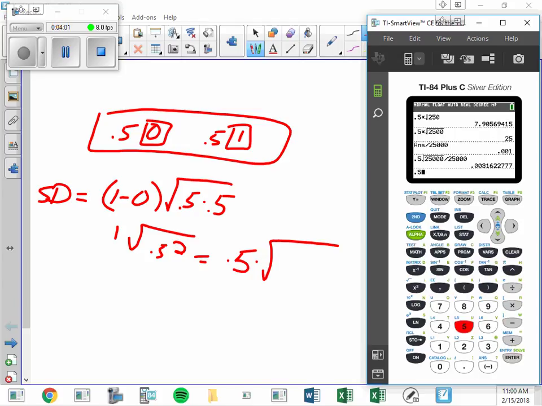Okay, and then 0.5 times the square root of 100,000, and then, oh, I'm missing that, divided by 100,000, so that's 0.1%. Okay.